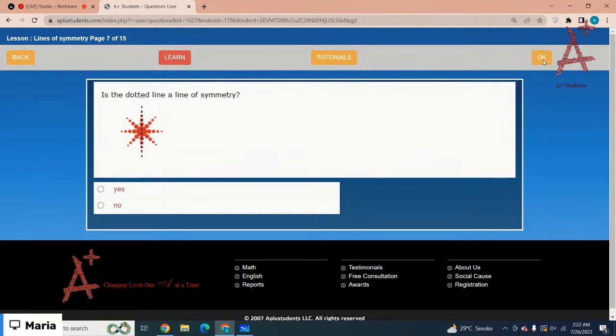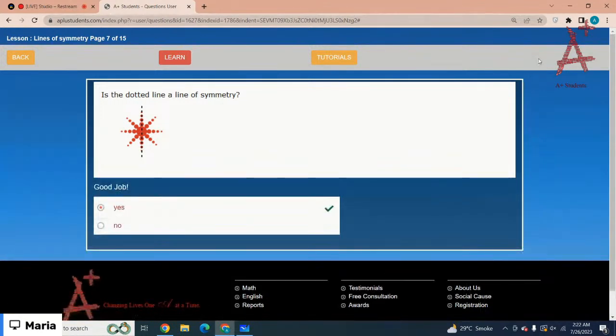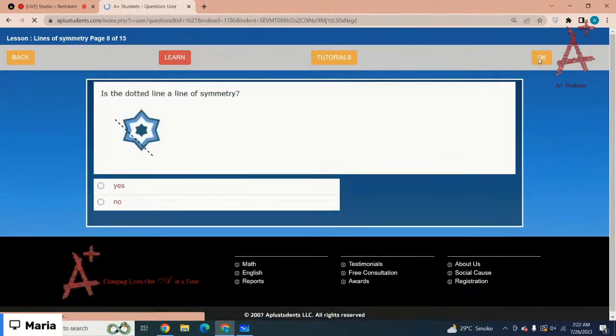Yes, the dotted line is a line of symmetry. The correct option is yes. Is the dotted line a line of symmetry? Yes or no? No, this is not a line of symmetry. The correct option is no.